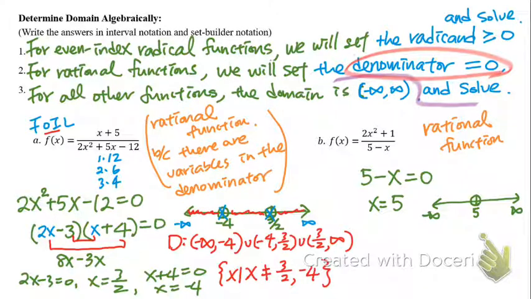You're writing your answer by looking at the graph from left to right: negative infinity to 5, parentheses, union, 5 to positive infinity. We're not including 5, remember, parentheses. And the set builder notation is x such that x not equal to 5.